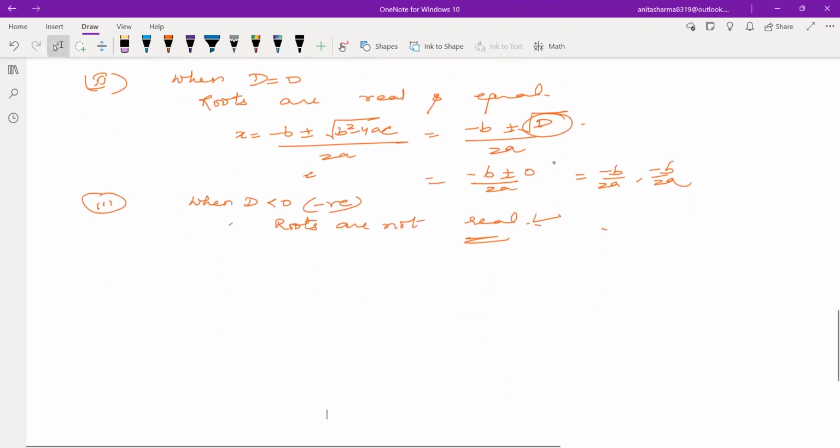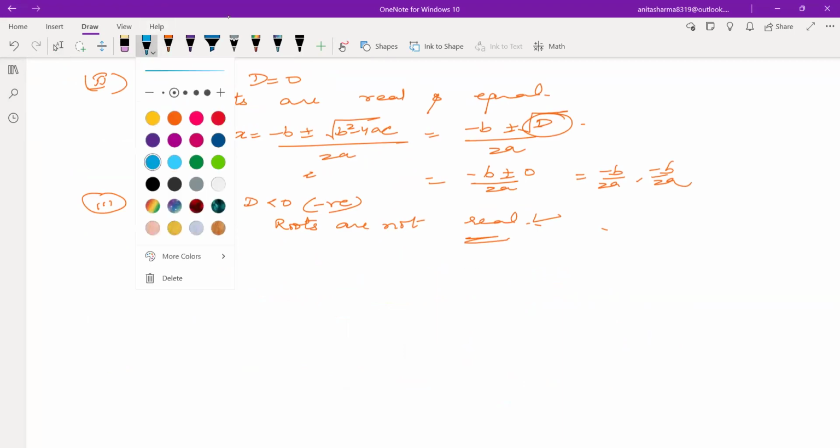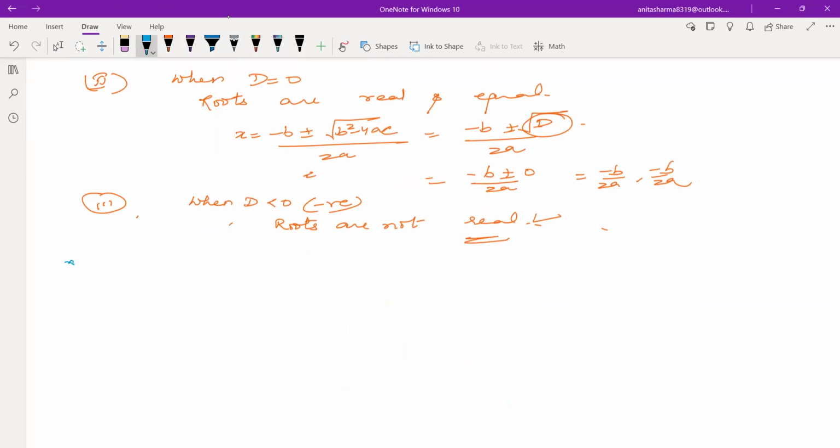See, suppose if a question is given like this: find the nature of the roots, and if roots are real, then find them. Suppose root 3 x square minus 5x plus 7 root 3 is equal to 0.